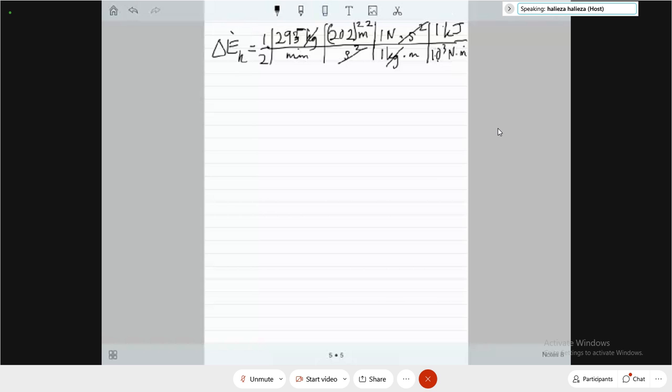Is that it? Yes. Meter square, cancel that. You have Newton, you cancel the Newton. And now you have kilojoules per minute.